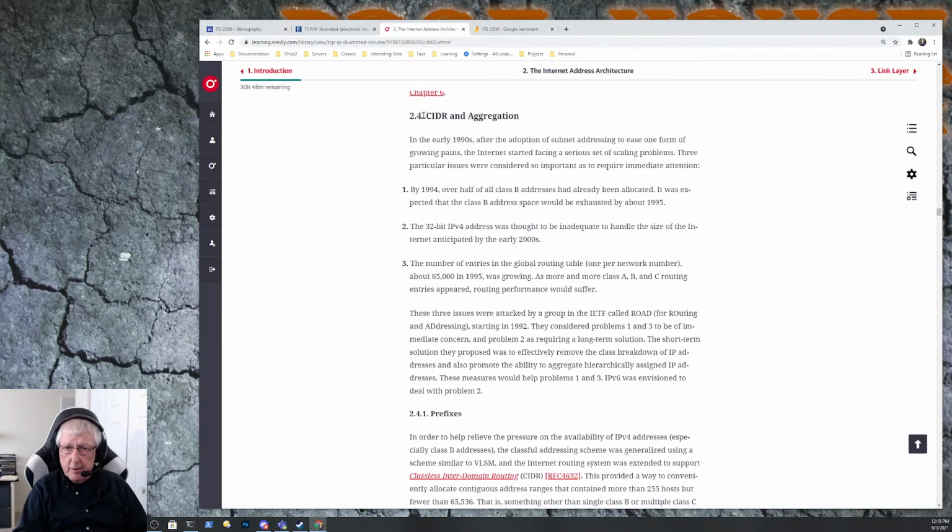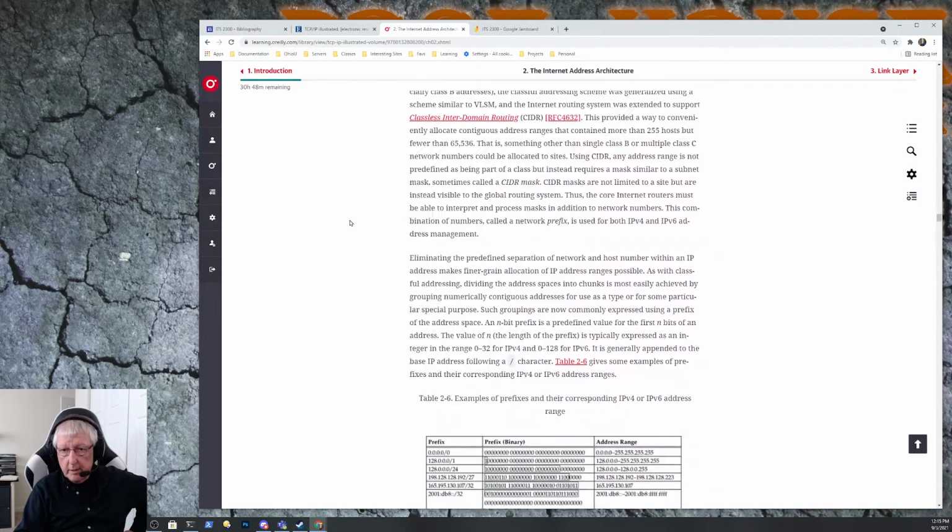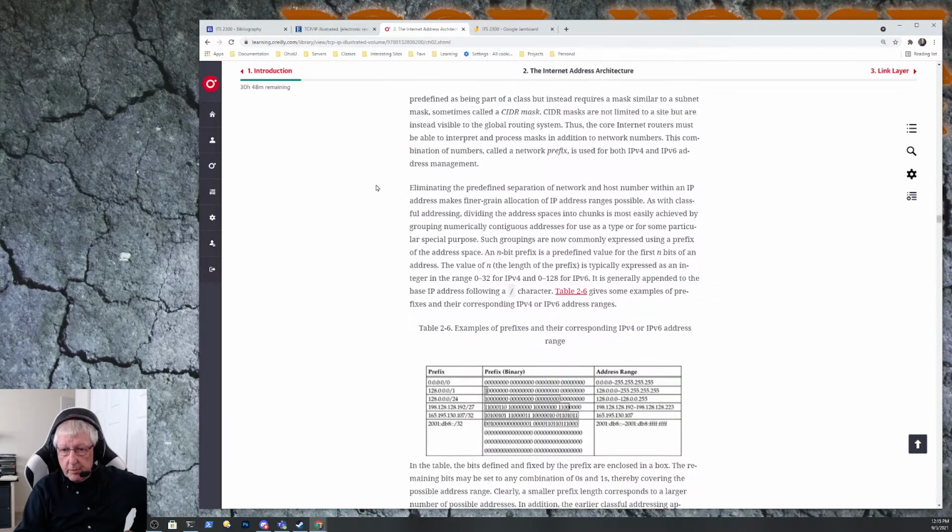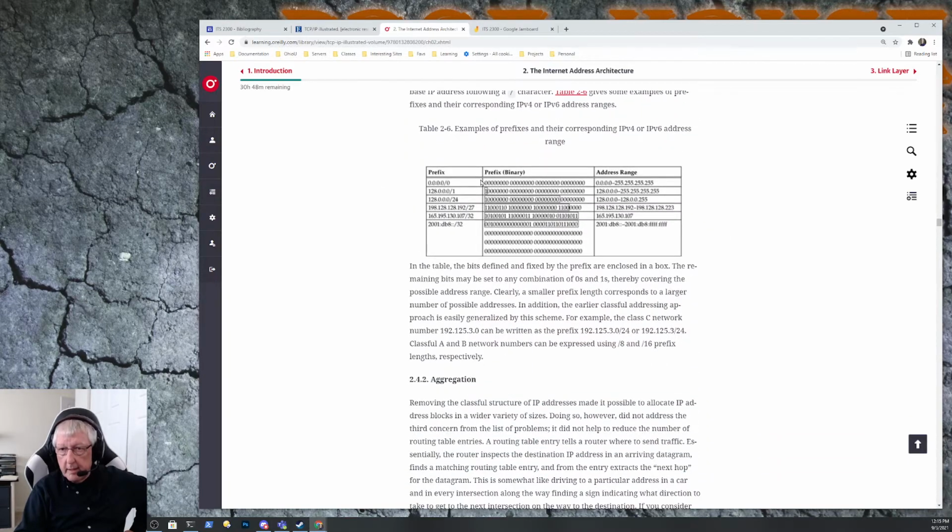Now we get down to 2.4, the CIDR and aggregation. CIDR is classless interdomain routing. That's what we use, subnet masks, or more precisely, what we use prefixes for today. So this section is important, and he talks about prefixes correctly, how they break down the address.